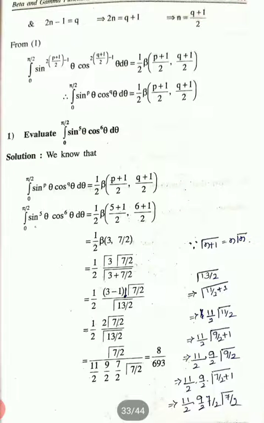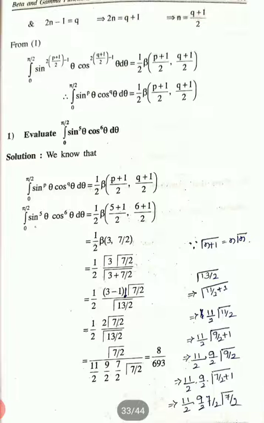Comparing the LHS and the standard formula, we get p equal to 5 and q equal to 6. Putting these values in the formula, we get 1 by 2 beta of (5 plus 1) by 2, (6 plus 1) by 2.